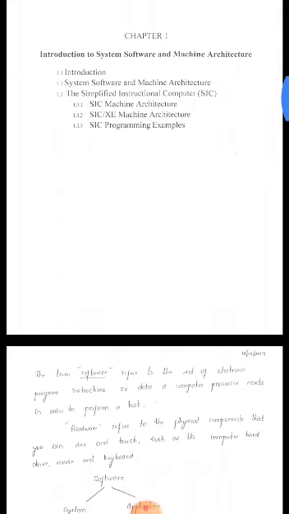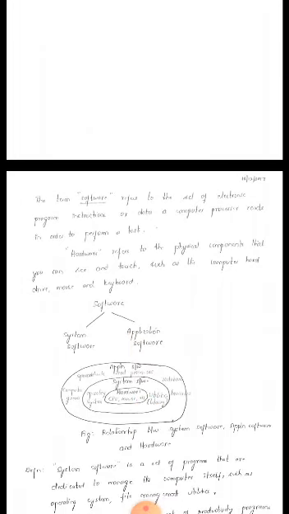So now, what exactly is system software? A system software is nothing but a set of programs which is written for the particular computer, right?